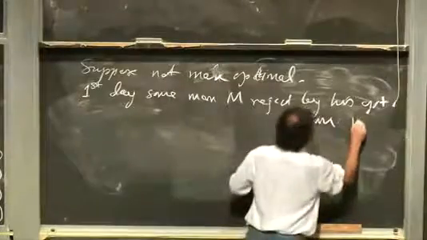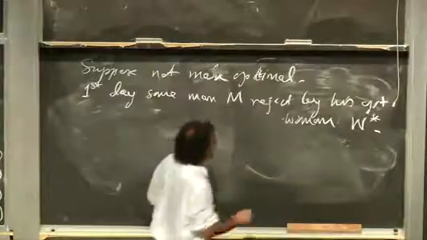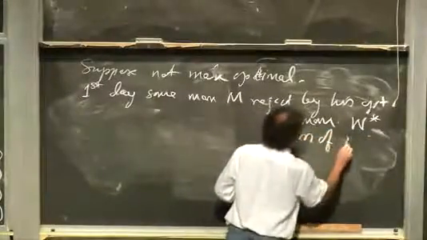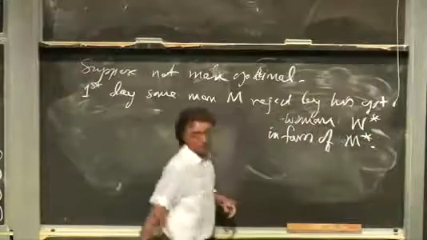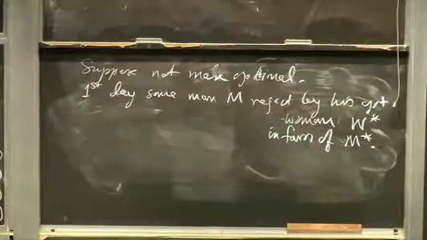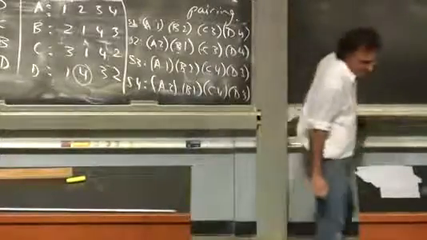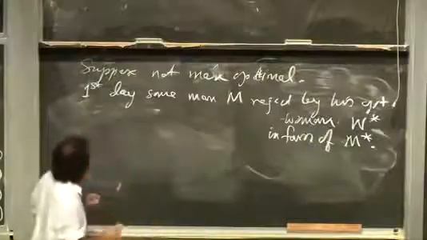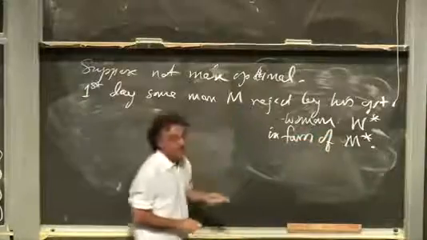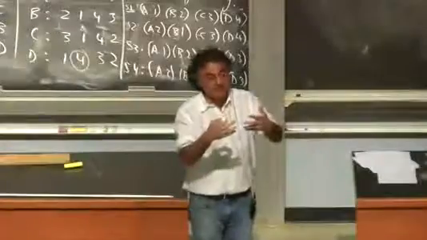Let's call her W star. She rejected him in favor of M star. Must be the case, right, if that happened. So now, since W star was his optimal woman, they have to be in some stable marriage, stable pairing.